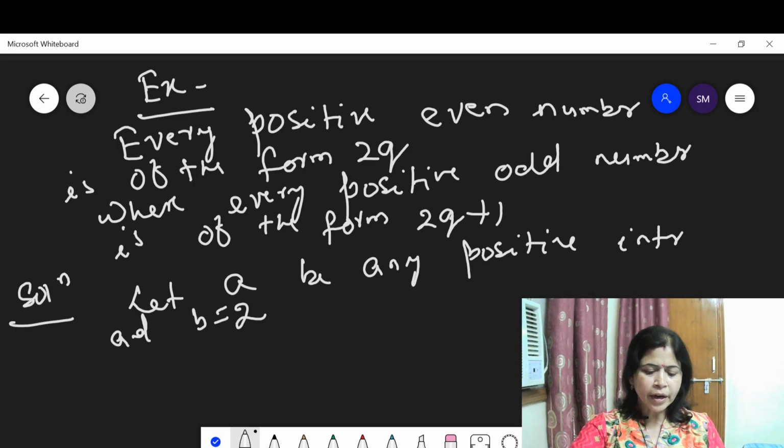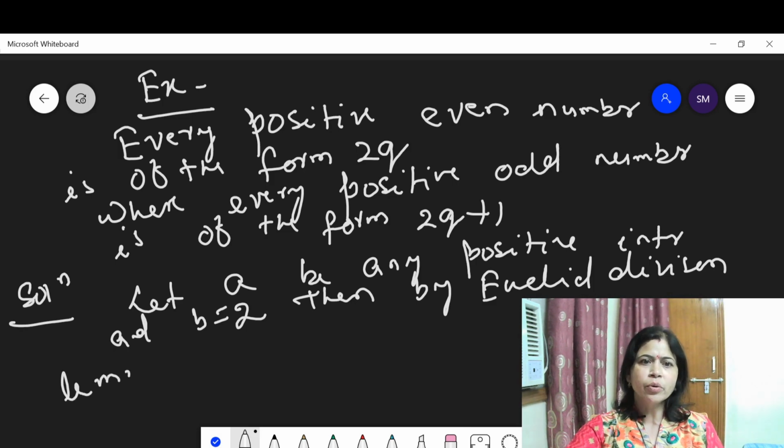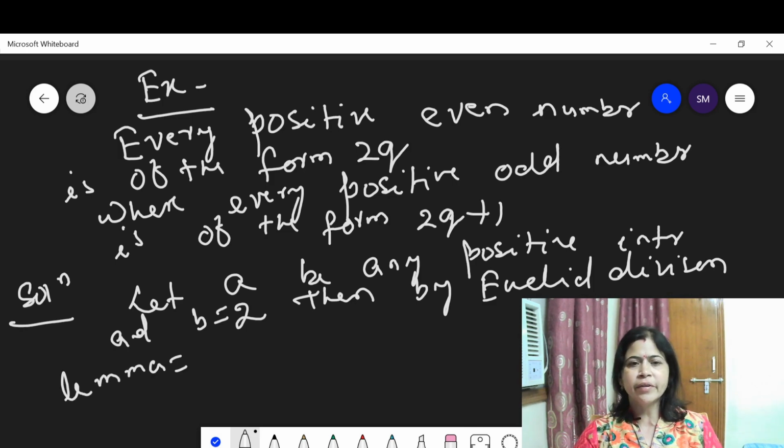Then by Euclid's division lemma... What does Euclid's division lemma say? The Euclid division lemma says that the dividend is equal to divisor times quotient plus remainder.